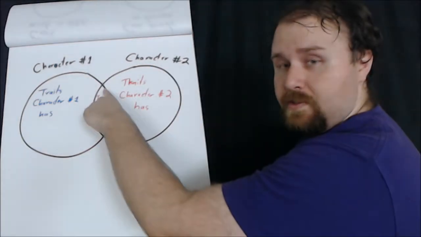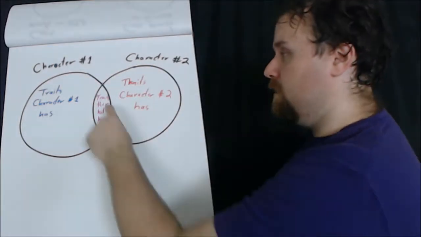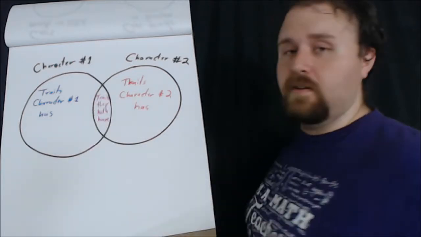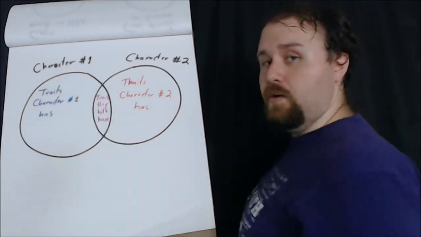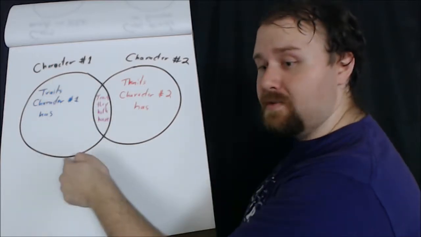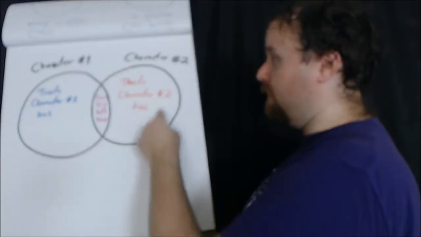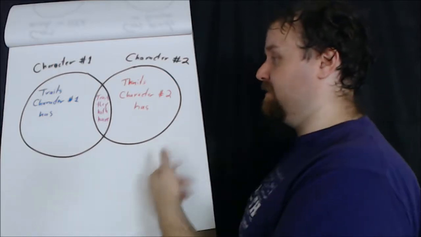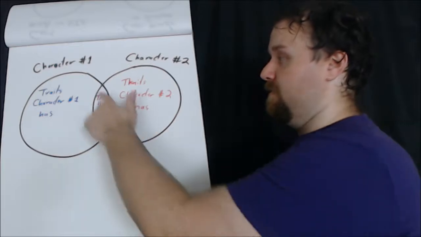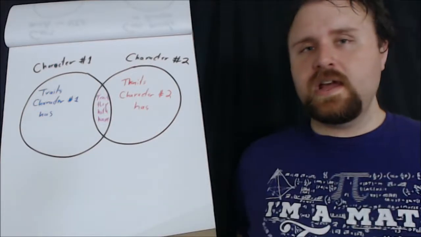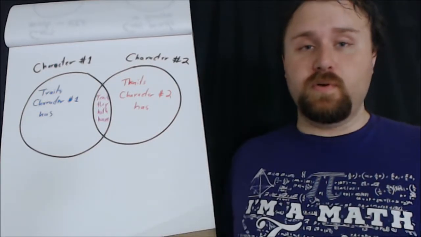Everywhere where the circles overlap, you would write down traits that both characters have. In this part here, you write down traits that only character 1 has. And in this part here, you write down traits that only character 2 has. But again, everything that they both have would go in this section here. And so it's a very powerful tool for organizing.